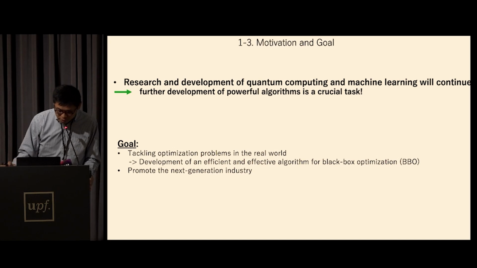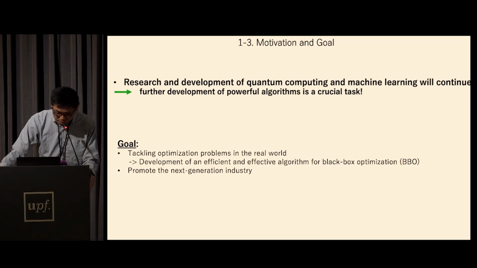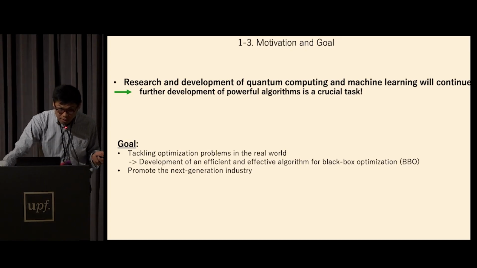So in our work, we're going to focus on the development of algorithms by using these 2 technologies to tackle real problems. And our goal is to develop algorithms for solving optimization problems in the real world using quantum computing and machine learning.